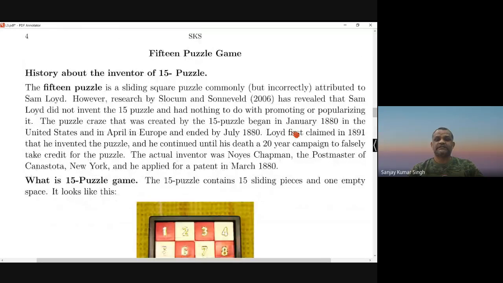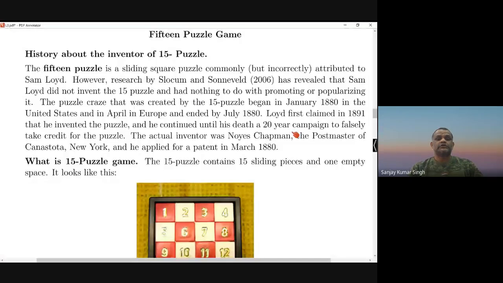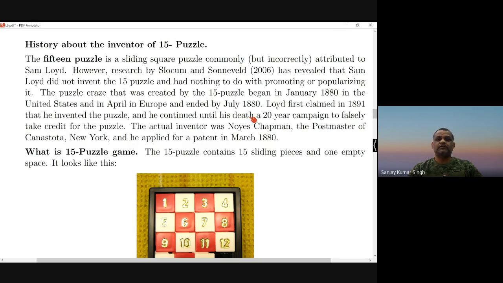So now let us go with this famous puzzle game. First I will say a few words about the history of the inventor of the 15 puzzle, because there are many stories about who invented it first. Whatever I searched and found on a maths Wikipedia, I believe they have written correctly, so I am just following their history.